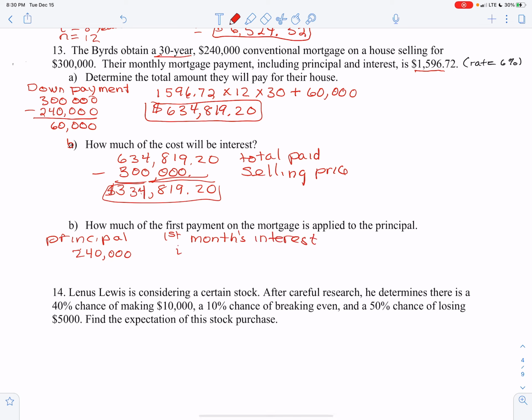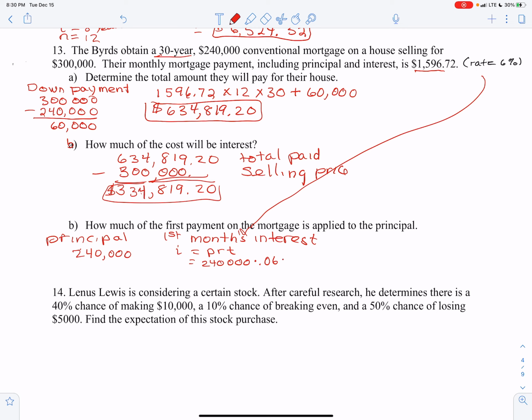just use the simple interest formula. So P, that's the money that they used. Well, they used $240,000. Now the rate, 6%. So as a decimal, be 0.06. It's an annual rate. We need our time in years.